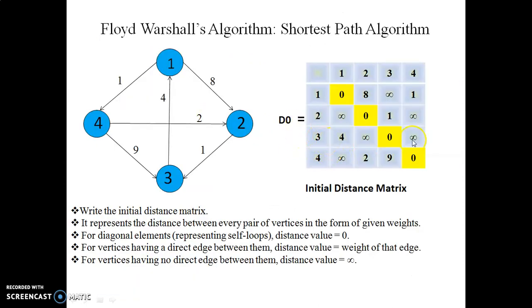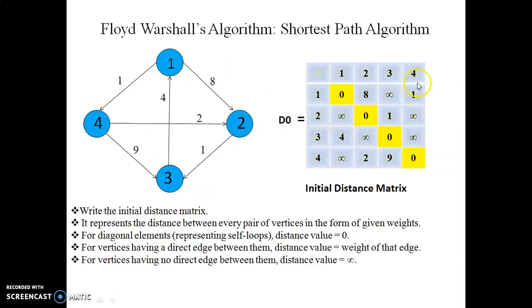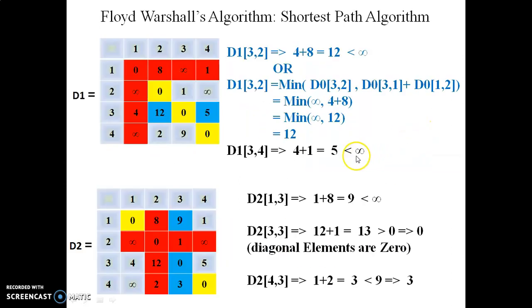In the initial distance matrix, the 3, 4 index value is infinity. So 5 is less than infinity, and we write the lesser value in D1. So 5 is written as it is. This is how we obtain the index values of D1.